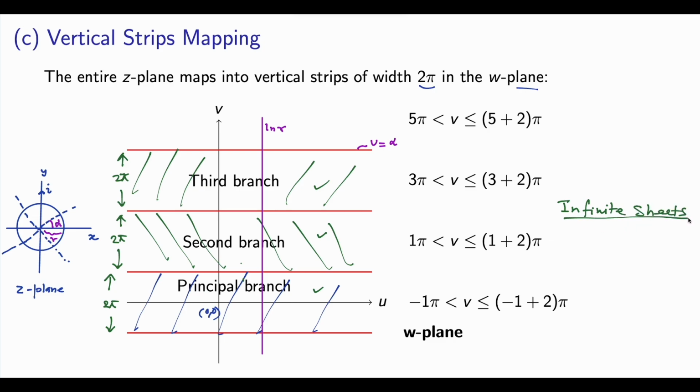Due to the infinite sheets in the Riemann surface, we call this function a multi-valued function. This is a very important and very interesting example in complex analysis.